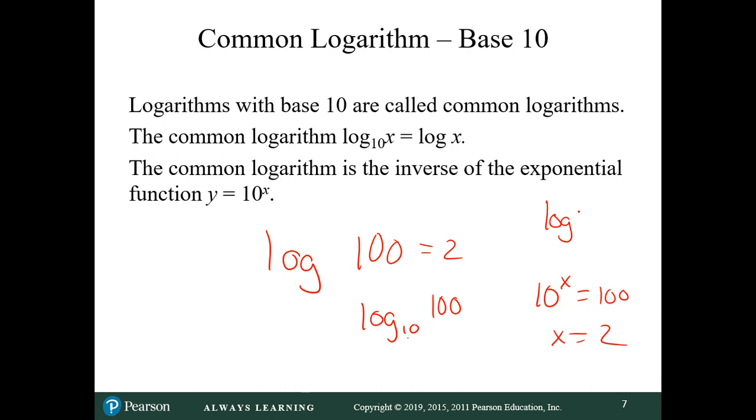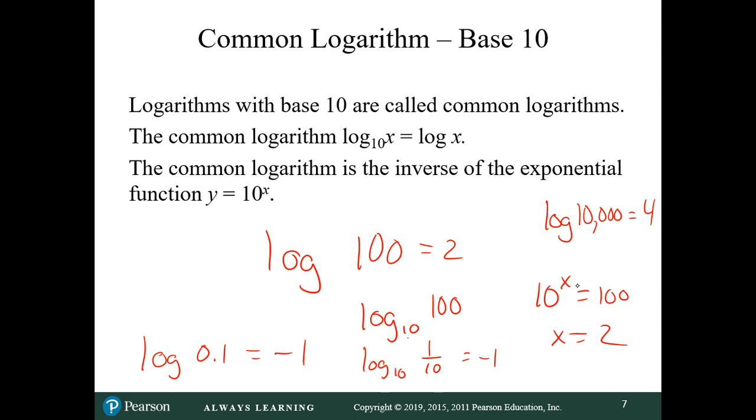What's log of 10,000 equal to? Not 3, 4. What's a log of 0.1 equal to? Yes, it is -1, because this is log base 10 of 1/10. 10 to the negative first power is 1/10. So that's why it equals -1.